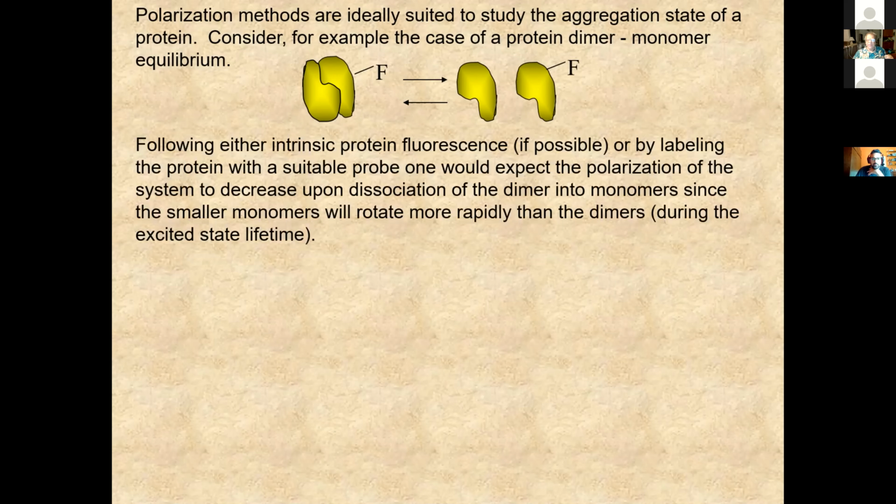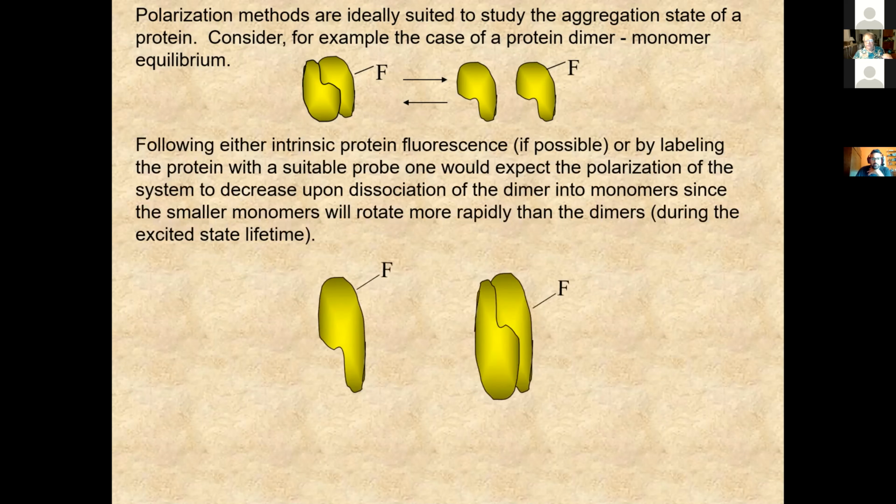For example, if we have a probe of a very, very short lifetime, less than a nanosecond, you're not going to get any sensible rotation of the dimer or monomer. You see very, very little change. If you happen to have a probe of a ridiculously long lifetime, hundreds of nanoseconds, which is possible, you might have complete depolarization during the excited state lifetime.